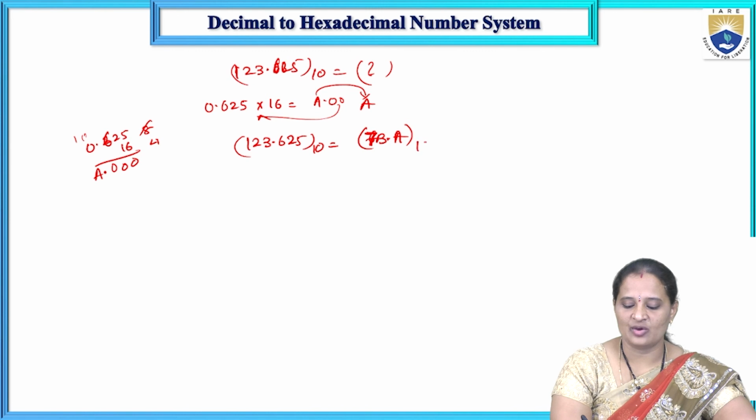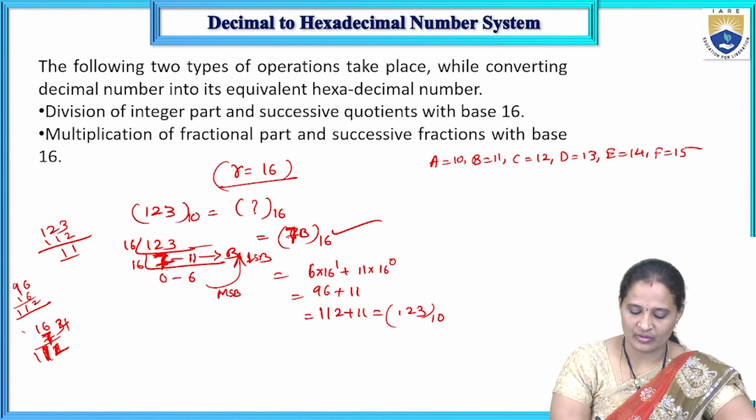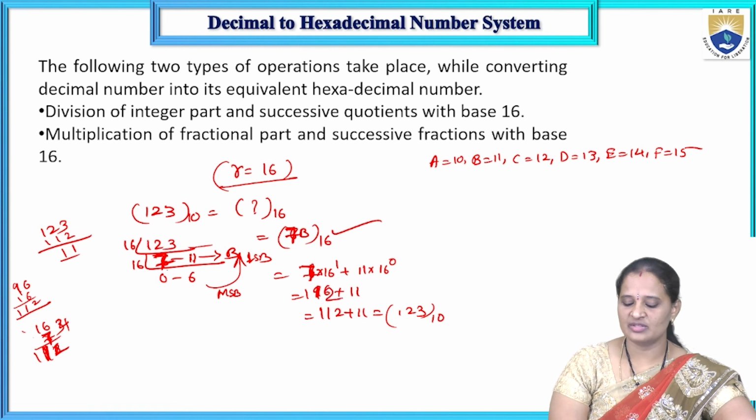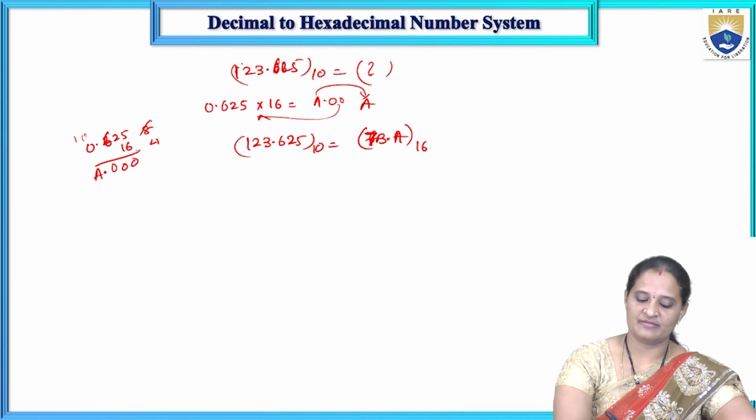This is the equivalent hexadecimal number. This is 7, I forgot to change it. 7 into 16 is 112, plus 11, so 123, and here the fractional part.